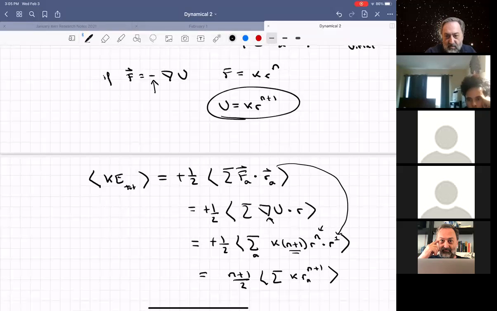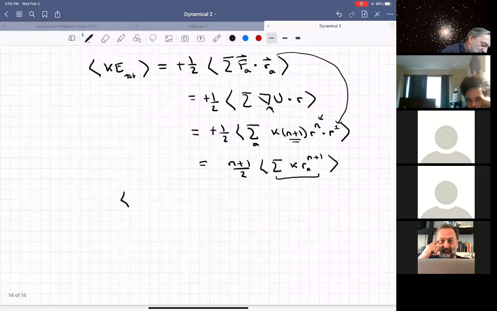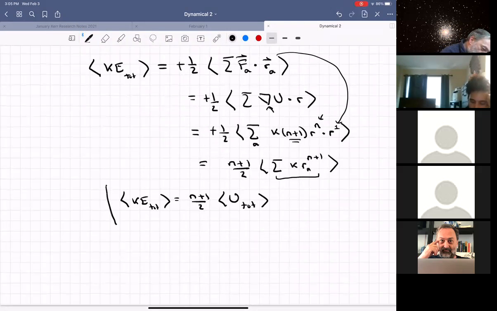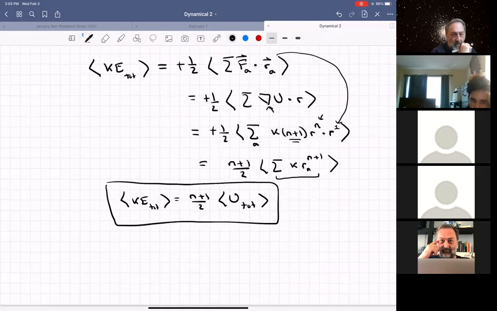So I got r to the n times r to the 1. So that gives me back the r to the n plus 1. And so now this in here is the total potential energy of the system. So the total kinetic energy of the system, time averaged, is related to the time average of the potential energy of the system.